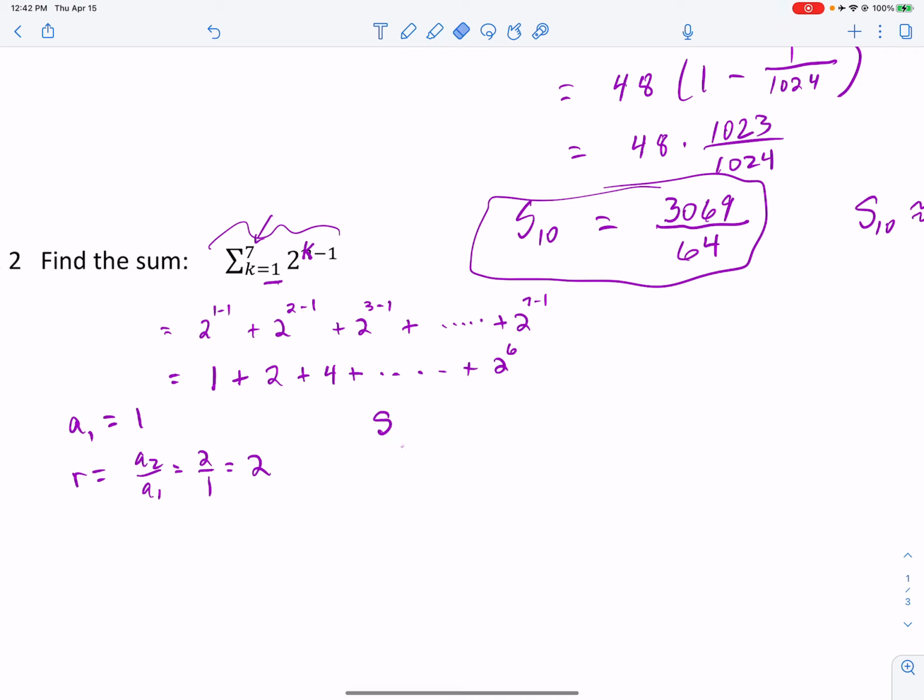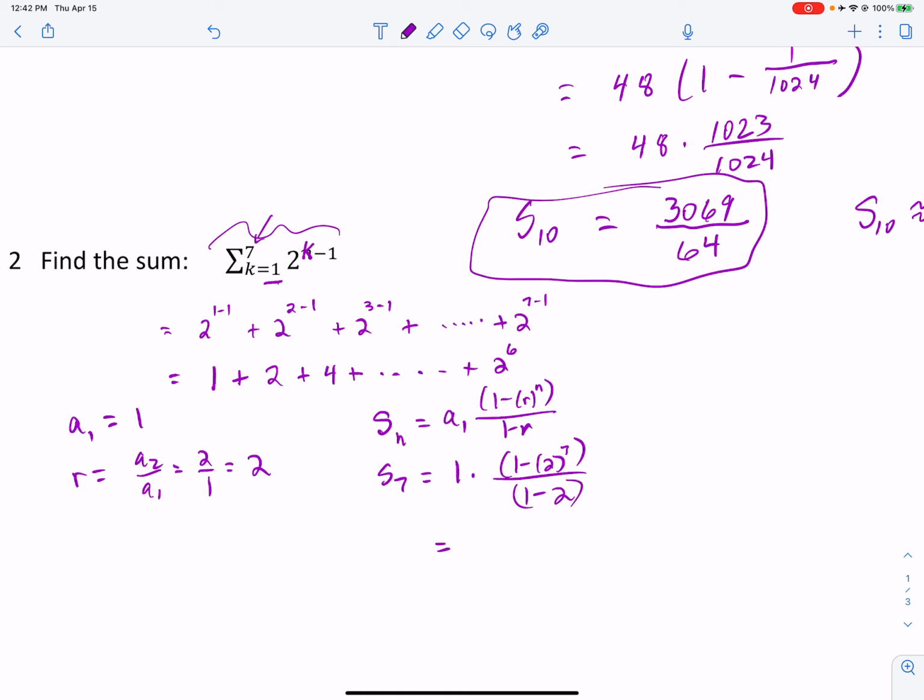So I'm going to write the formula. S sub n is a sub 1, and we typically write this 1 minus r to the nth over 1 minus r, a little different than their format. So S sub 7 is going to be 1 times 1 minus 2 to the 7th over 1 minus 2.